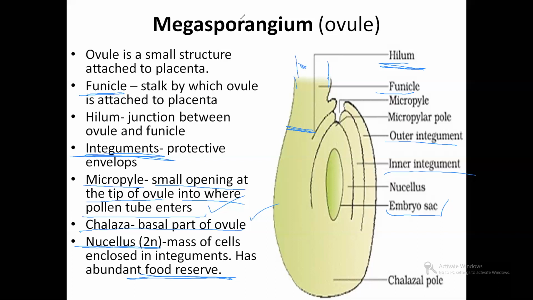Clear? Except for the nuclei inside the embryo sac, everything else is diploid. So the nucellus is diploid, and the integuments, whether outer or inner, are all diploid. The function of the nucellus in an ovule is to provide nourishment to the developing embryo. Developing embryo को ये nourishment provide करता है.